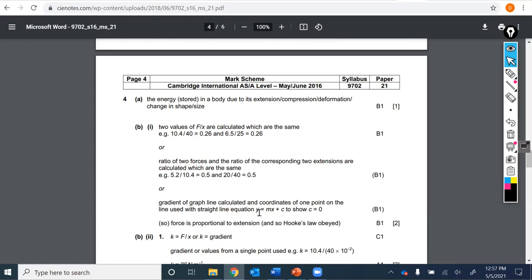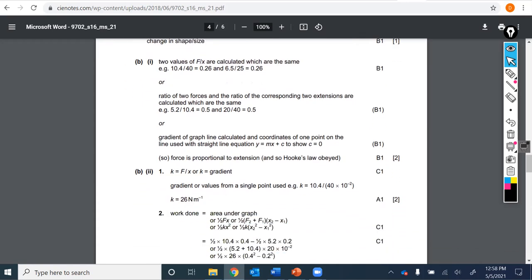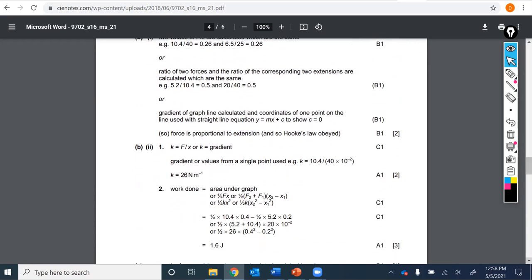Or the gradient of the graph is calculated, and the coordinates of one point on the line are used with a straight line equation to show that C is 0. So you could have gone about it that way. And therefore, Hooke's law is obeyed. You have to actually answer the question, which says to use this data to say whether or not this obeys Hooke's law, and you have to make that statement. So yes, Hooke's law is obeyed here. And then they calculate the k, 26 joules per meter.